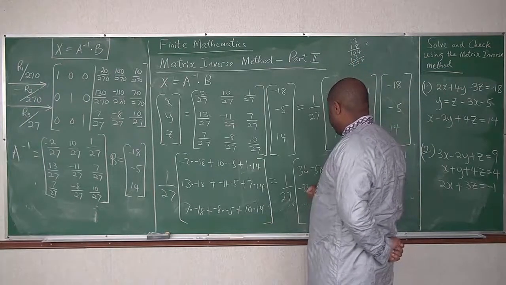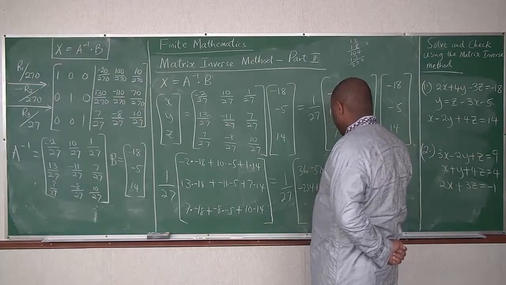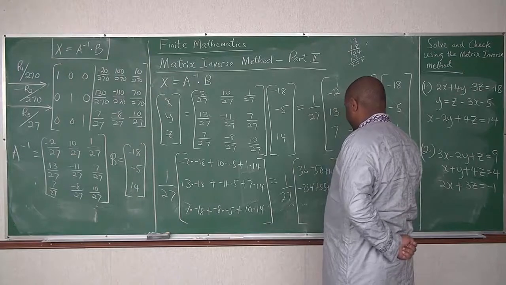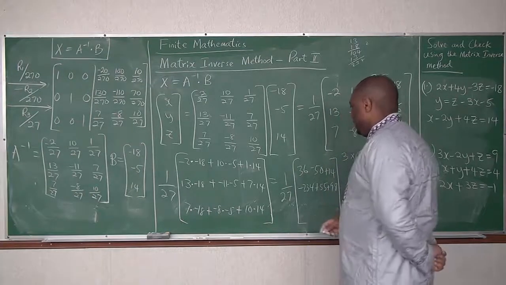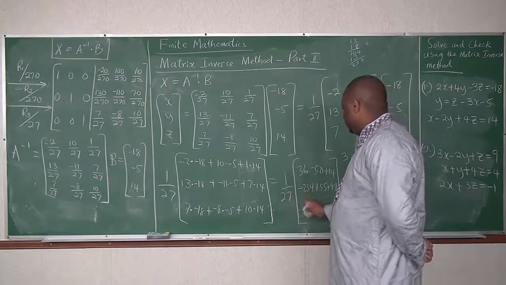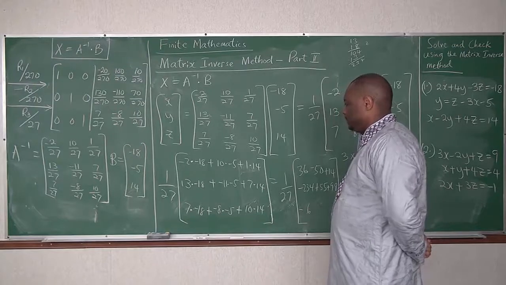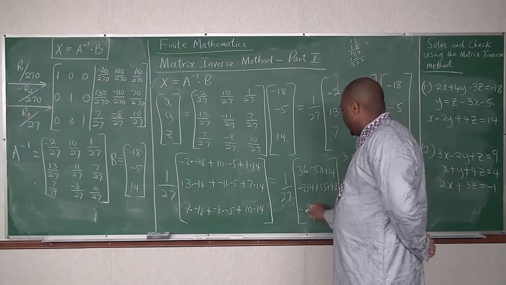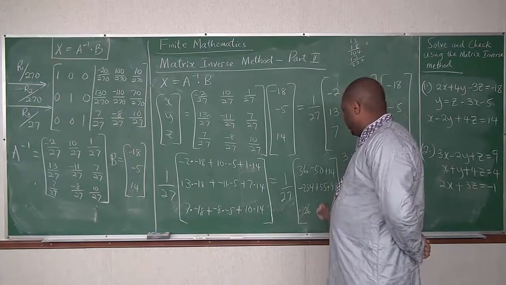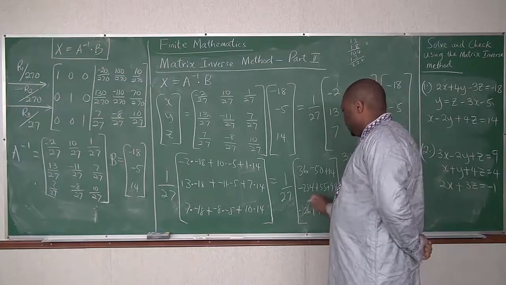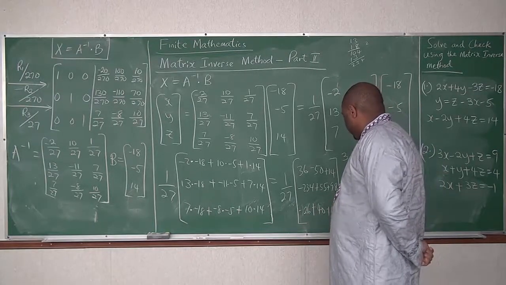Negative 234 plus 55 plus 7 times 14, which is 98. Then the third row: negative 7 times 18 is negative 126, plus negative 8 times negative 5 is 40, then plus 140.